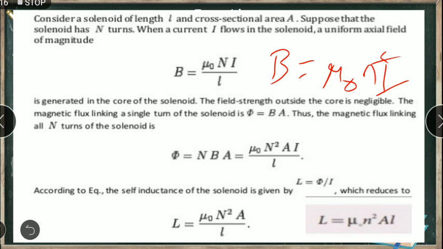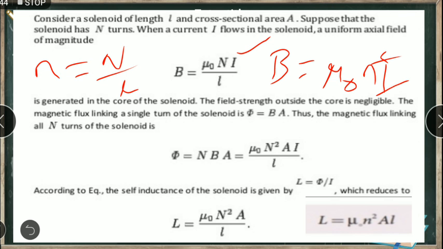That constant value is 4 pi into 10 raised to minus 7 Henry per meter. The small n can be written as N upon L, the number of turns per unit length. So in place of n, here you can see N upon L.